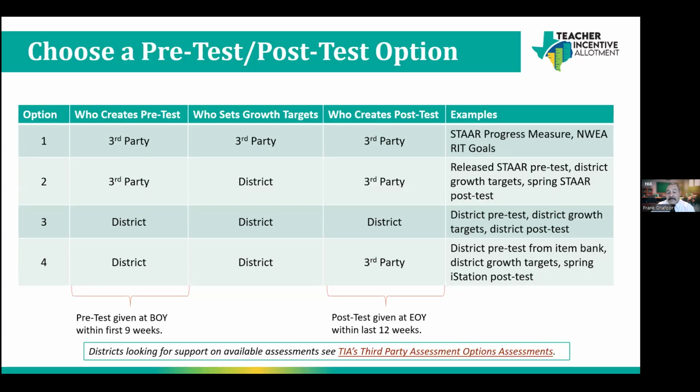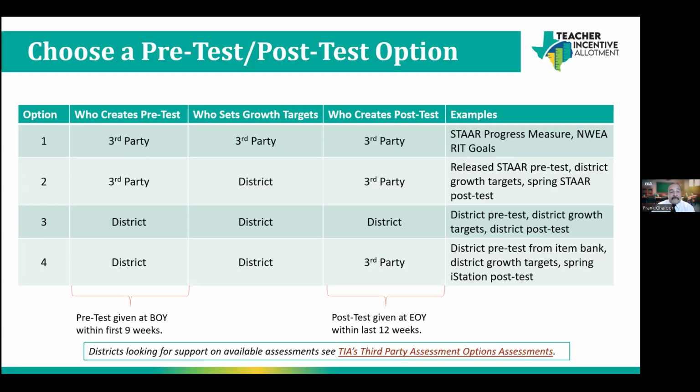There are not a lot of assessments out there for it, so districts will opt to create their own pre-test, post-test for a physics course. Seventh grade Texas history is another one that I see a lot of districts doing option three with the district created assessment. So those are some options. Option three is definitely an option for your district, but you do have to meet a certain standard on the rubric, which we will talk about in just a bit.